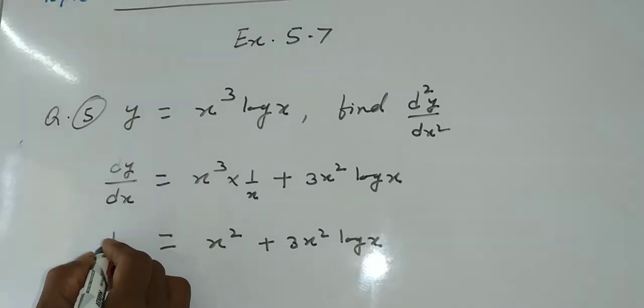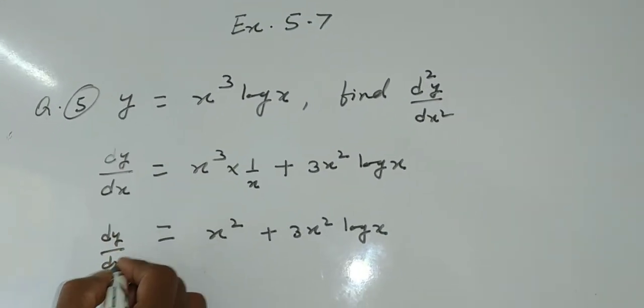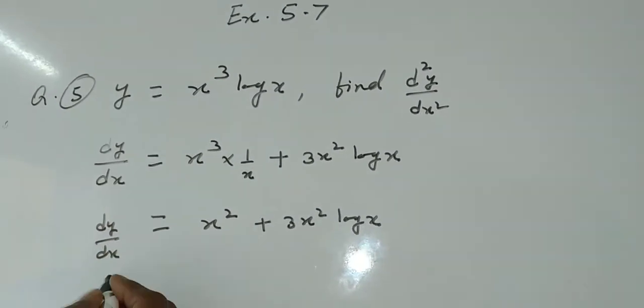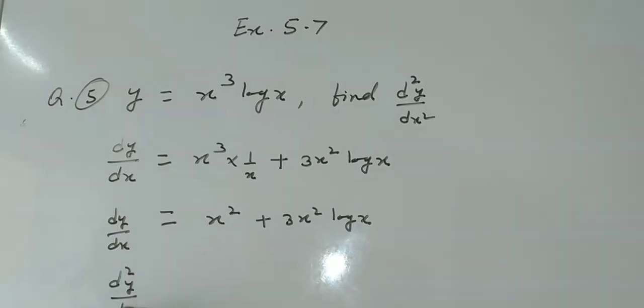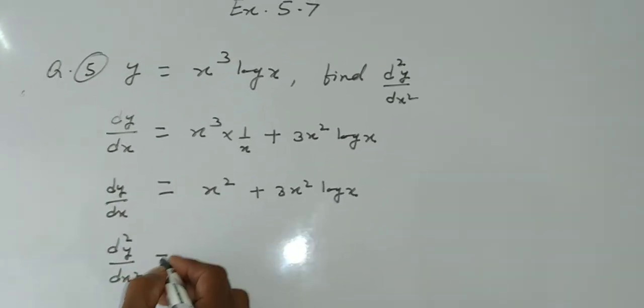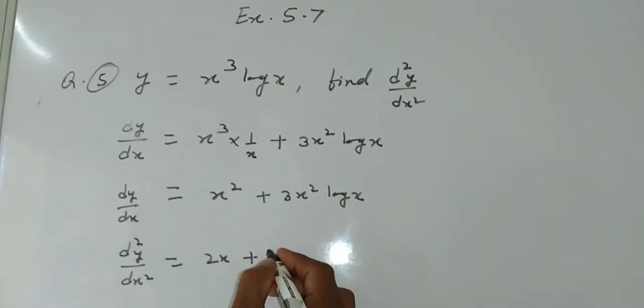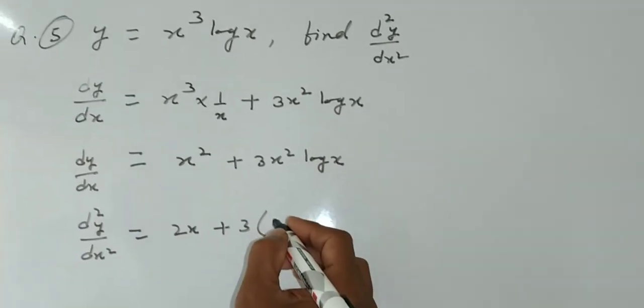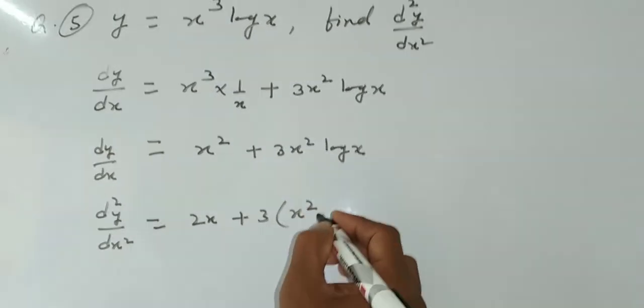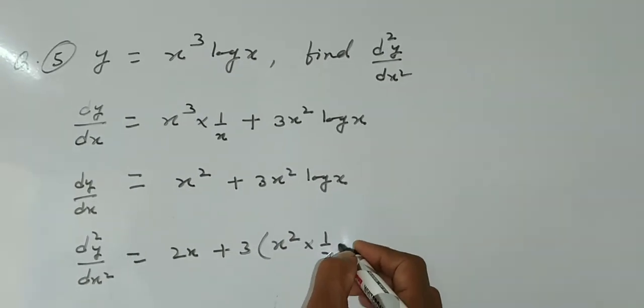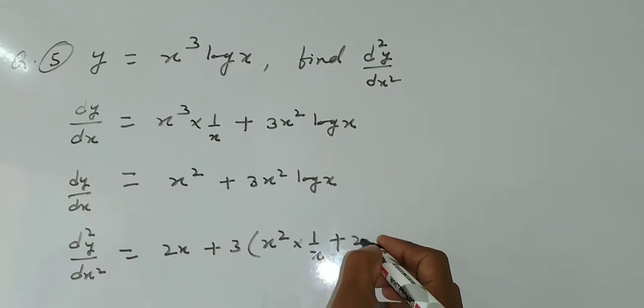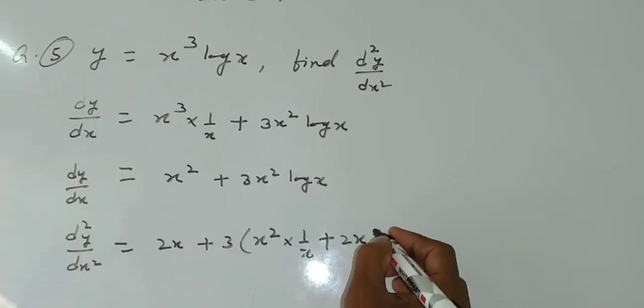Now again differentiating with respect to x, d2y by dx square is equal to the derivative of x square, 2x, plus 3 into u into v form: first unchanged, second derivative 1 by x, plus derivative of first, second unchanged.